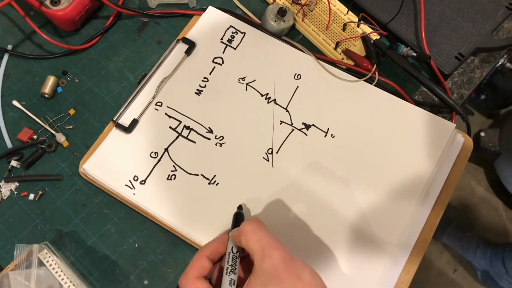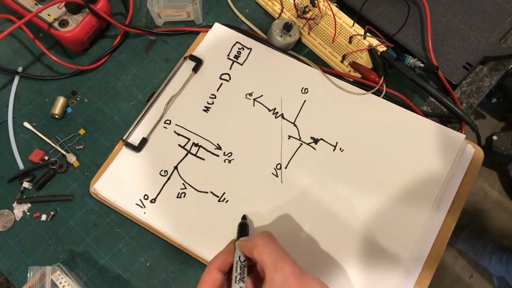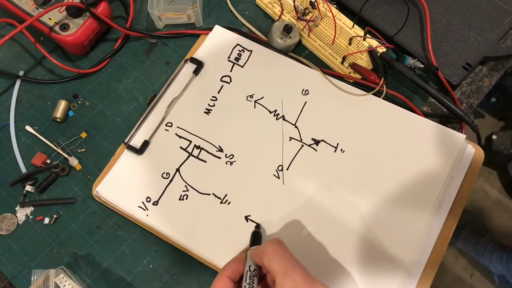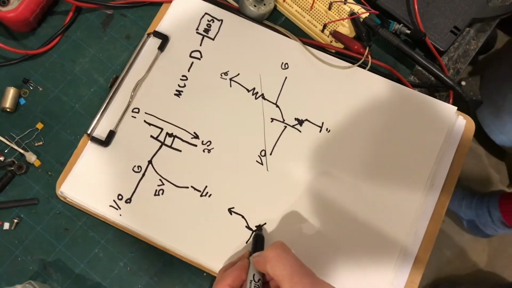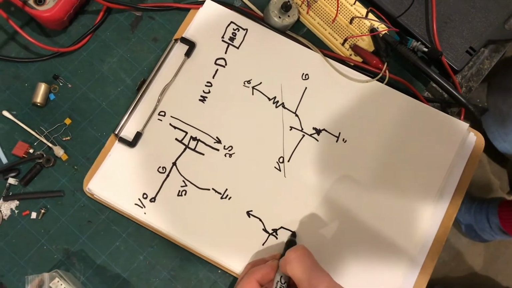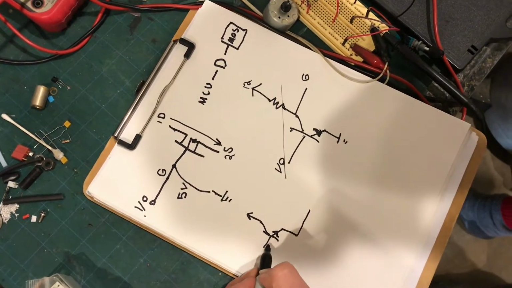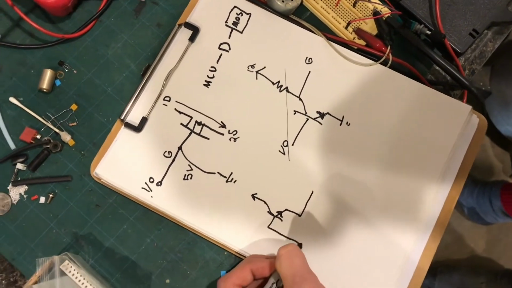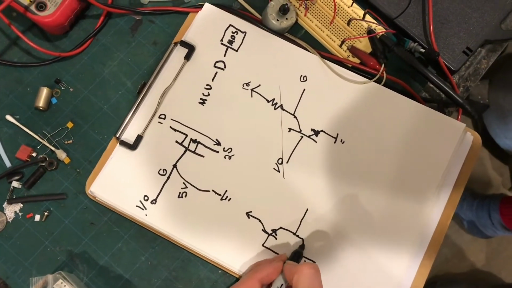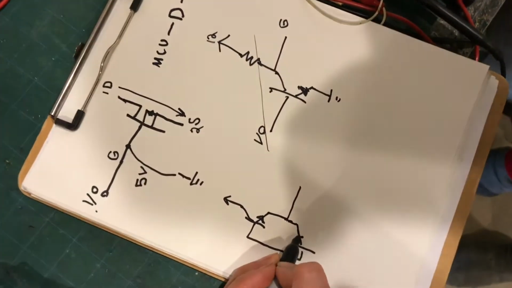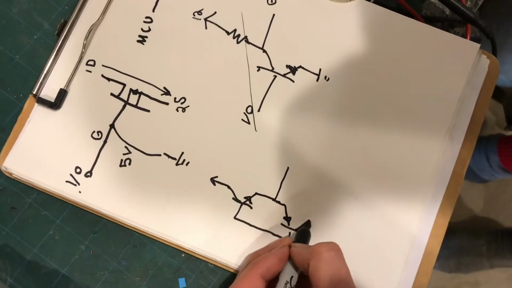This one uses 2 transistors, and it is called a push-pull because of the way that the transistors are interacting with each other. And this one uses a PNP transistor and an NPN transistor.